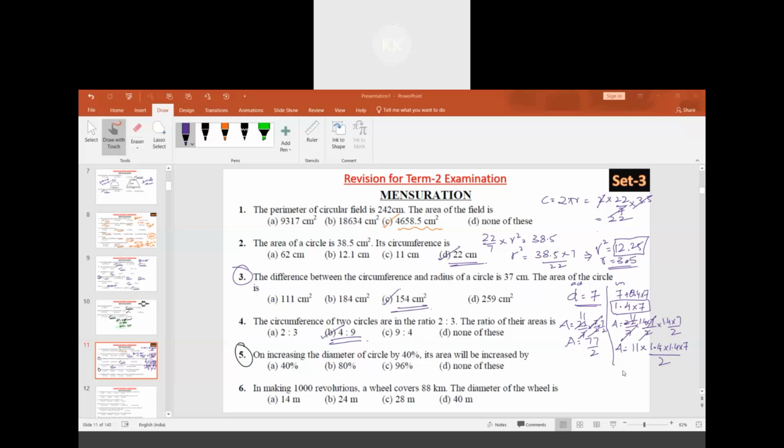Sir, 40% increase in diameter will give 19.6 as diameter. 75.46 we get here, and this will be 35.5. So increase is the difference: minus 35.5 we get 39.96. So percentage increase is 39.96 divided by 35.5 into 100.